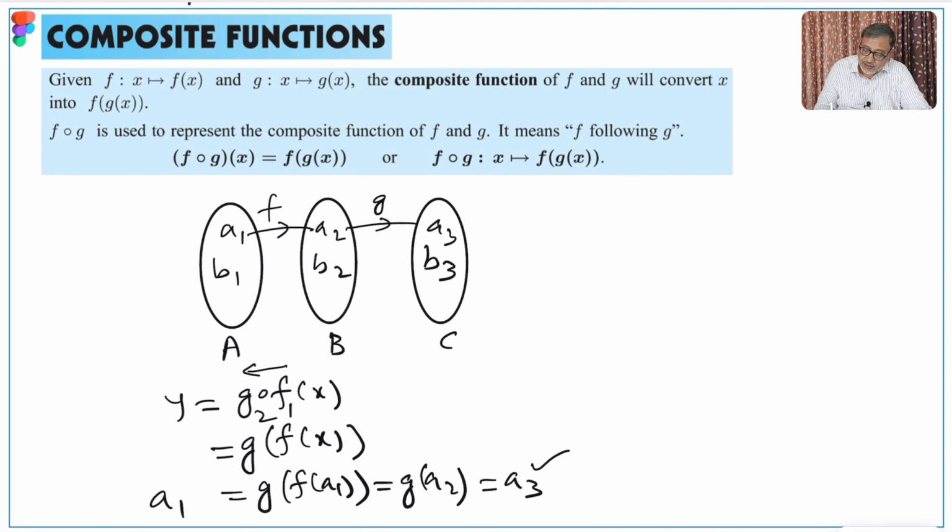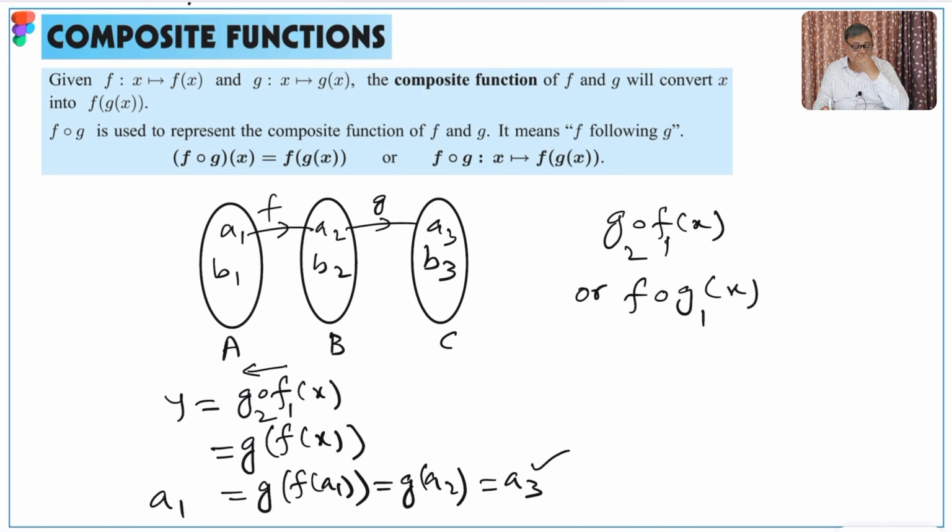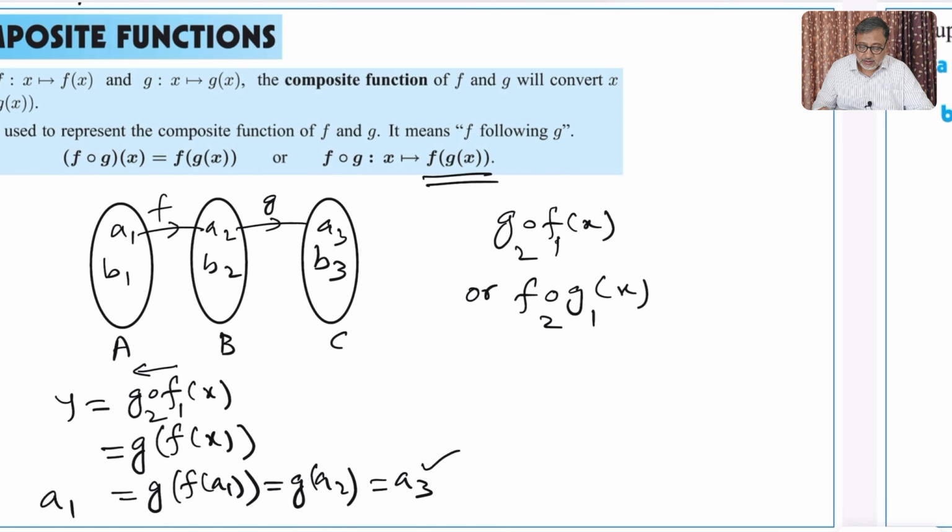If it is g dot f of x, then first is f, then is g. Or if it is f dot g of x, then first we apply the rule of g, then we apply the rule of f. And like this, the composite function will be simplified. You can also write it as f of g of x. Okay, f dot g can be f of g of x, and g dot f can be g of f of x.